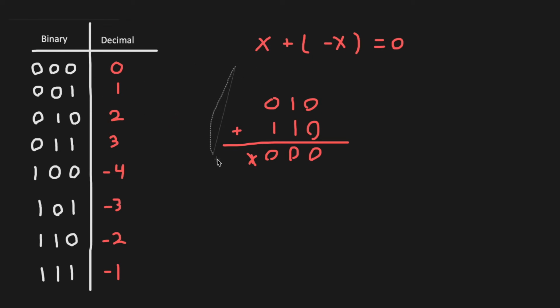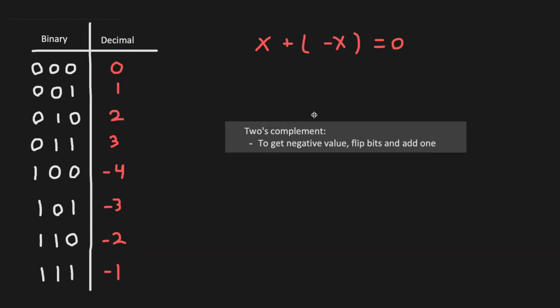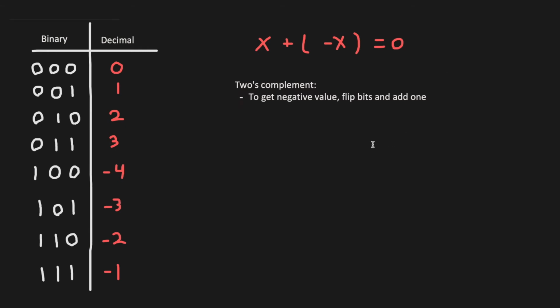And we can actually see that for 2's complement, in order to get the negative value of a positive number, we can simply flip the bits and add 1. So if we have a positive number 1, which is 0, 0, 1, in order to get negative 1, we can flip its bits.